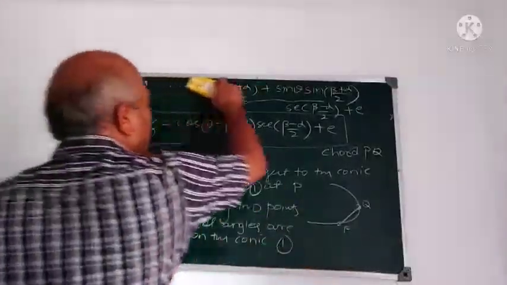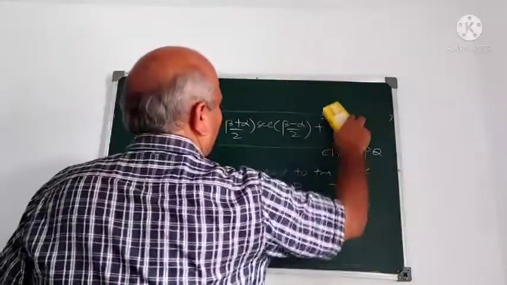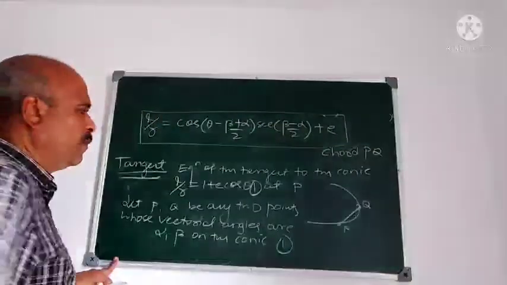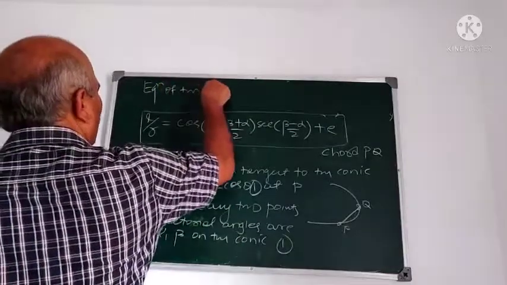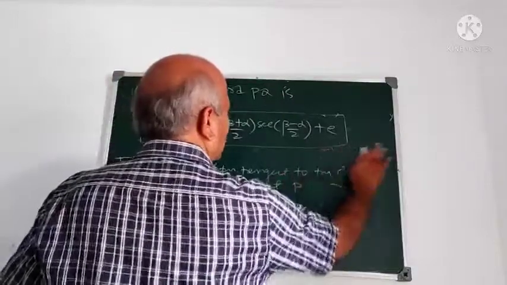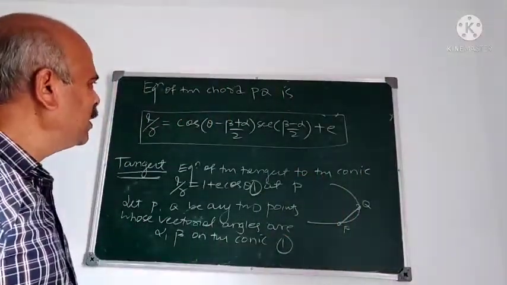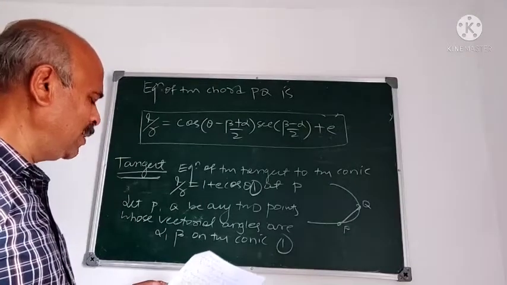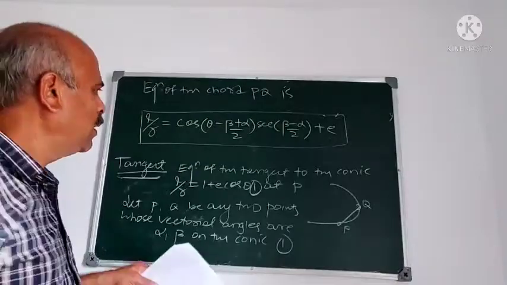Then the equation of the chord PQ is L by R is cos(theta minus (beta plus alpha)/2) sec((beta minus alpha)/2) plus E.